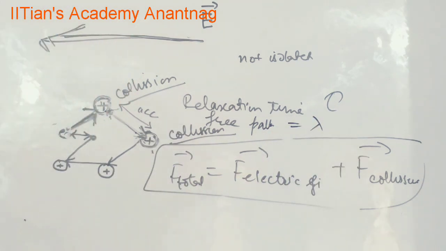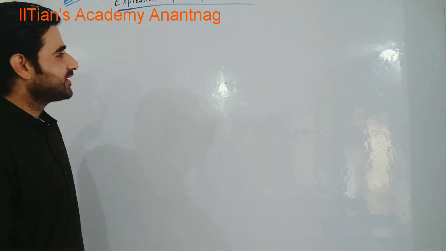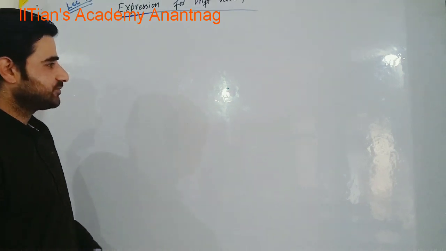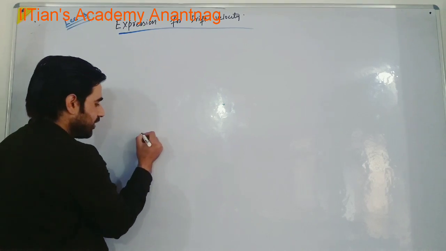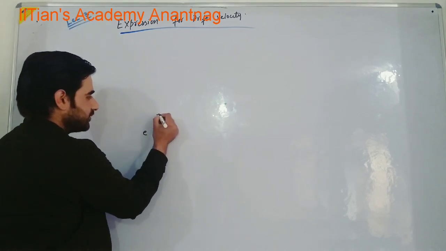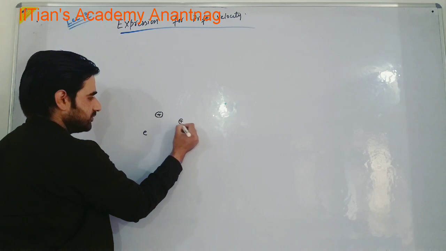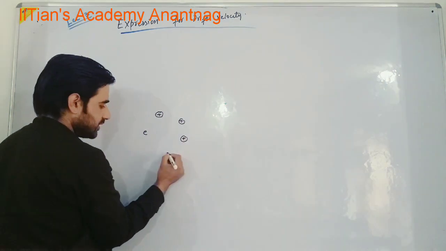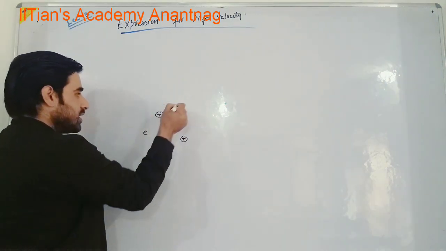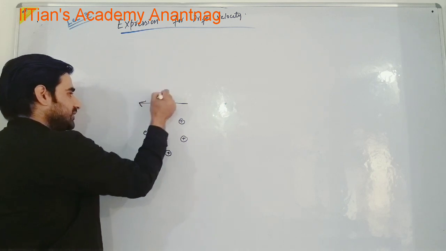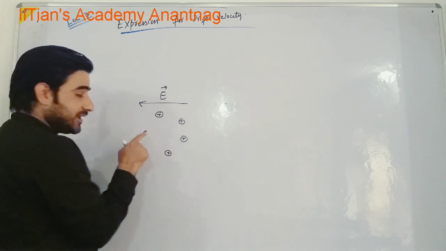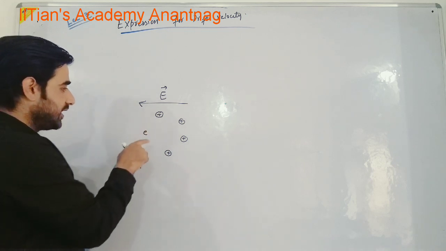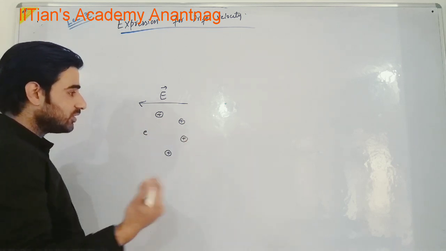Now, to derive the expression for drift velocity, before this, what we discussed: if we have a free electron here, later on we have a positive ion, another positive ion, another positive ion. Suppose I am applying an electric field in this direction. Here I am taking the case of a single electron, not all the electrons.